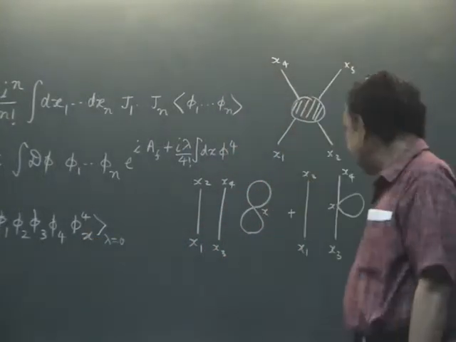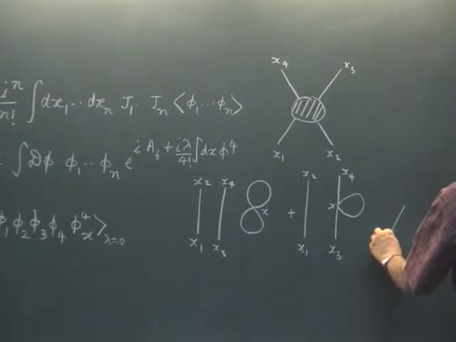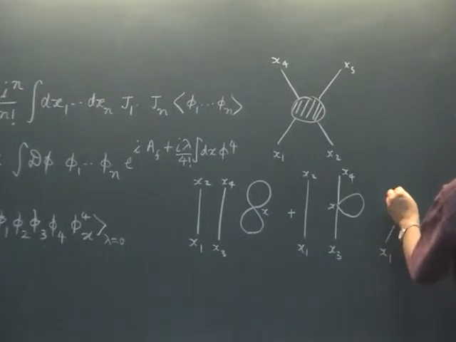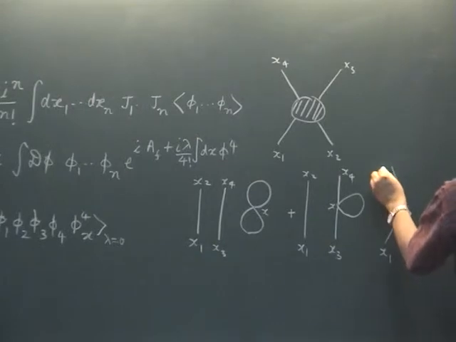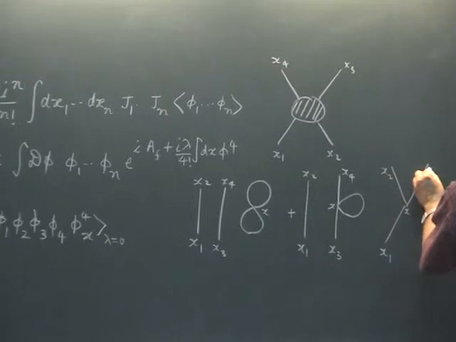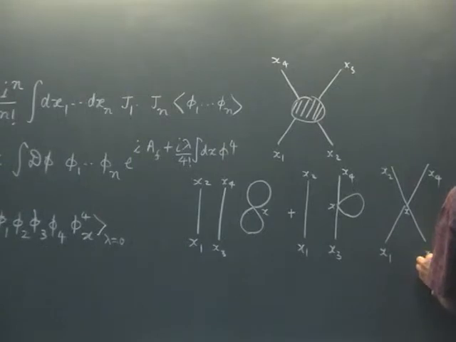Okay. So that is a nice diagram because that is going to give you x1 to x, x2 to x, x3 to x, and x4 to x. I mean, it doesn't matter how I label that.